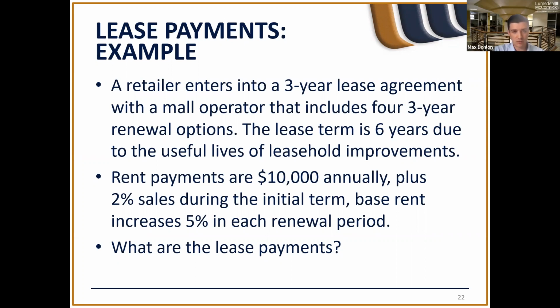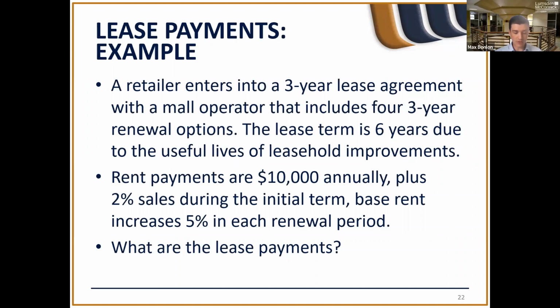the same structure, the same example as the previous one. The retailer enters into a 3-year lease agreement with a mall operator that includes four 3-year renewal options. We already determined that the term of the lease is 6 years due to significant leasehold improvements with a 5-year life.